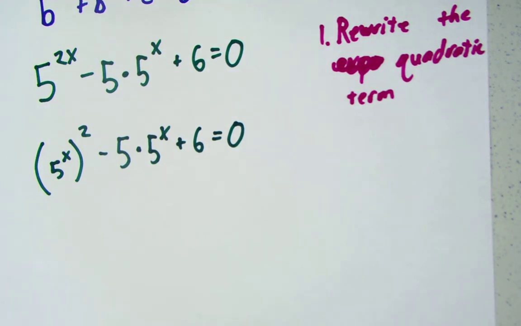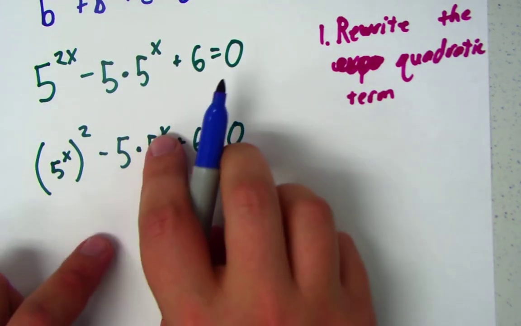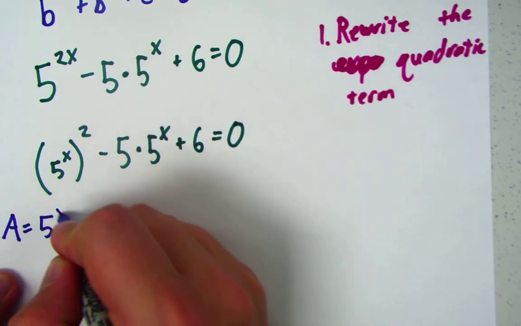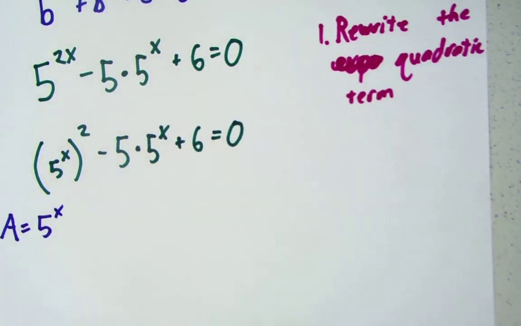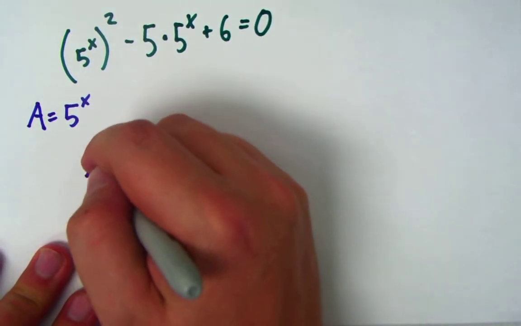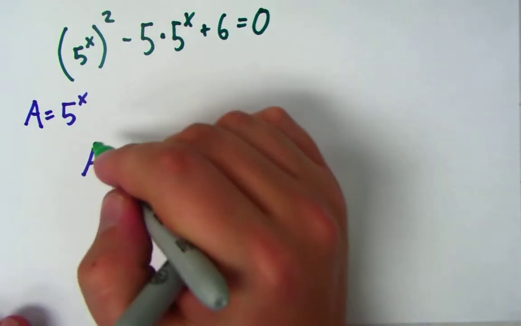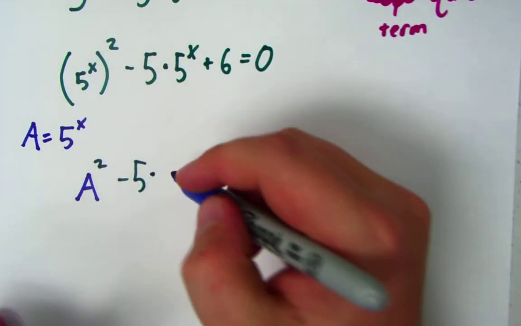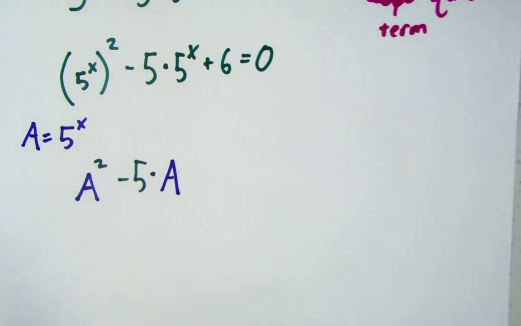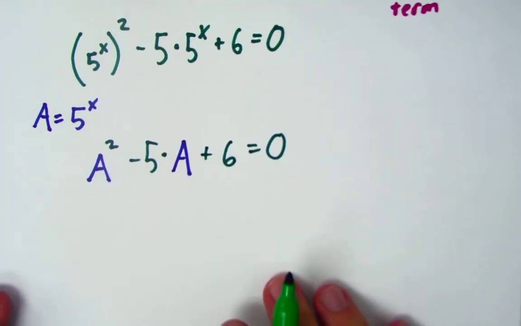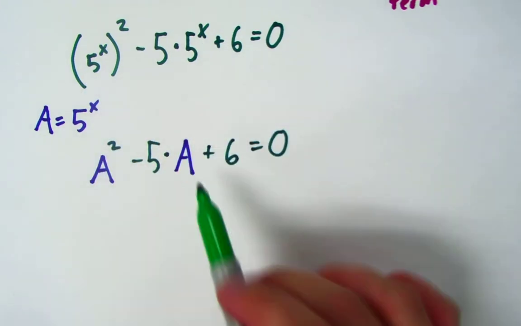Instead of this 5 to the x, which is kind of scary, we could do an a. I'll plug it in and say this is a squared minus 5 times a plus 6 equals 0. Everywhere I had a 5 to the x, I just switched it out for an a.